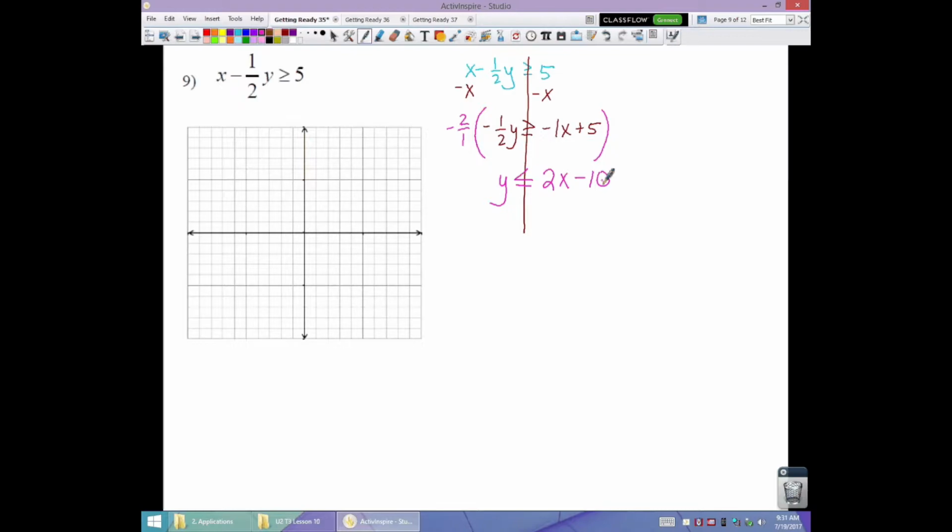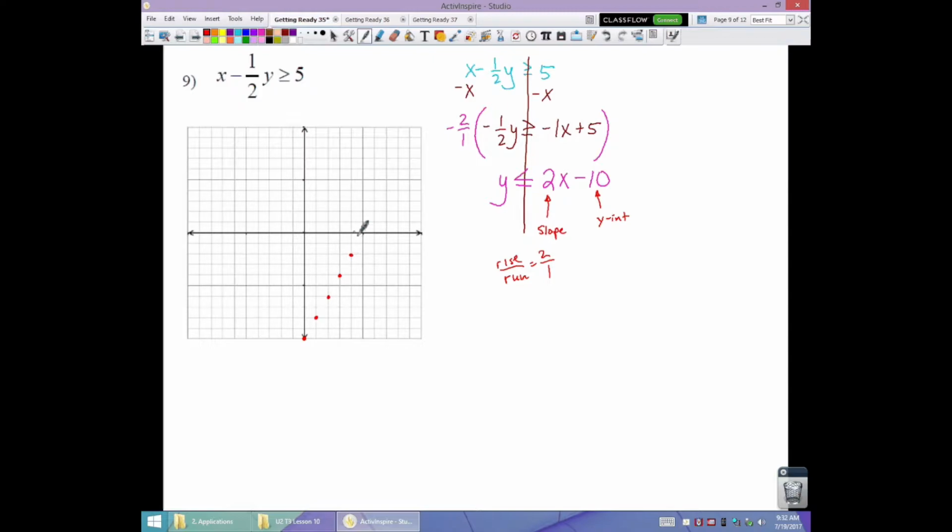Okay, again, I think I can fit that on my graph with just a scale of 1. I think there's exactly 10 boxes each way. So my slope here is 2, and my y-intercept, negative 10. So y-intercept, negative 10. And since slope is 2, that means the rise over run would be 2 over 1. So I will rise 2 and run 1. Those points are fairly close together, so I'm going to do that again a couple more times.